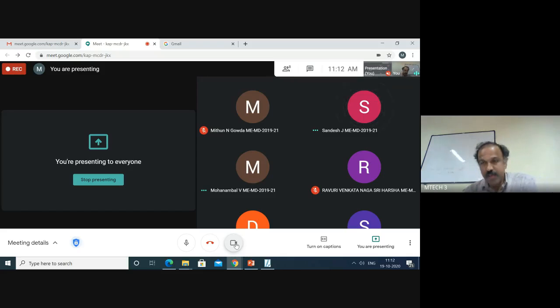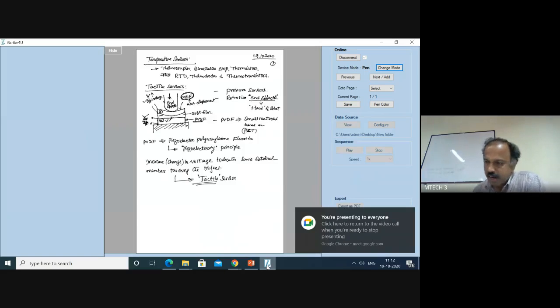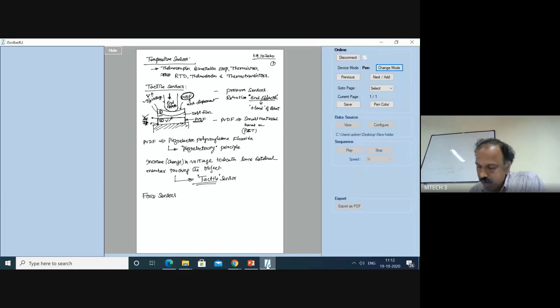Therefore, what type of sensor are you expecting now? After the tactile sensor, what is the other sensor that you expect? You are supposed to have what are called force sensors. The end effector should be used in conjunction with these two sensors.